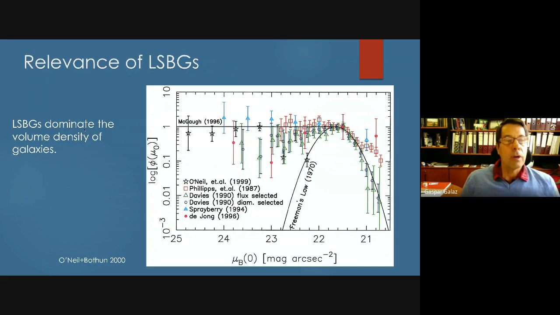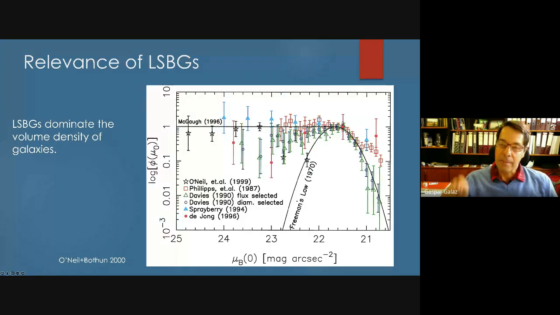Okay, so why are these galaxies relevant? First of all, they dominate the volume density of galaxies in the universe. That means if you take a volume, whatever the size, and you count the galaxies in that volume, most of them are galaxies of faint surface brightness, right? Here you can see the plot. This is a compilation made, in fact, by O'Neil in 2000.